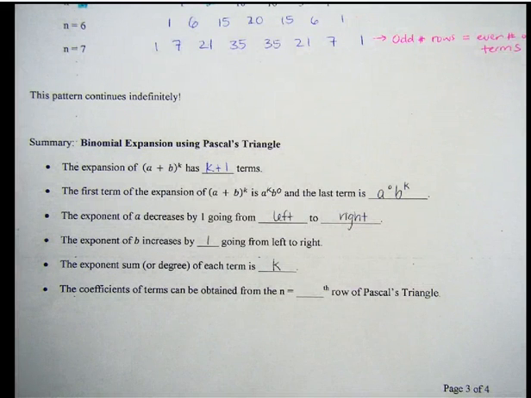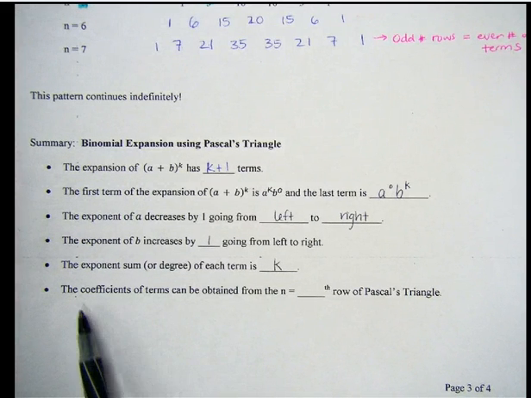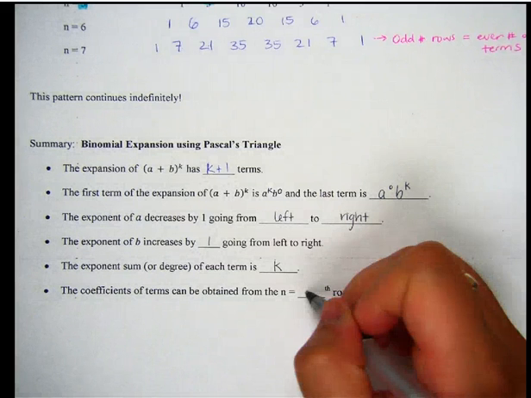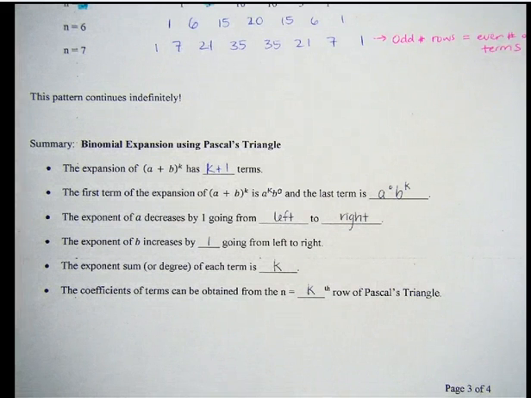So if you remember in the n equals 4 row, all of the exponent sums were 4. And the coefficients of the terms can be obtained from the n equals kth row of Pascal's triangle. So in the next video, I'm going to go over in more detail how to expand a binomial just using these patterns from Pascal's triangle, and give you an opportunity to practice as well.